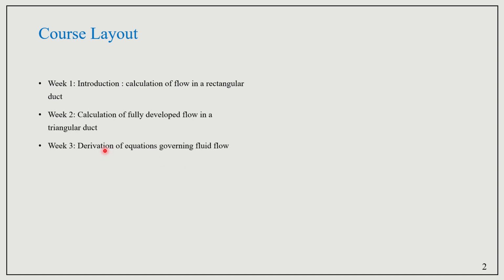So, this is a computational fluid dynamics course, which is basically a 12-week course. We are almost halfway through the course. As we know by now, we started with calculation of flow in a rectangular duct and triangular duct, followed by derivations of equations governing fluid flow, and later equations for incompressible flow and boundary conditions.